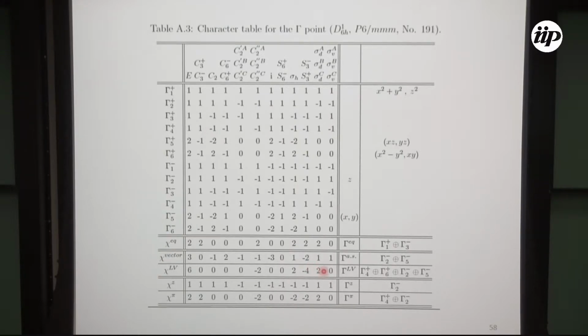This is a direct sum, a linear combination of gamma 4 plus gamma 6 plus gamma 2 minus and gamma 5 minus. All right, let's understand this here. This is the lattice vibration.